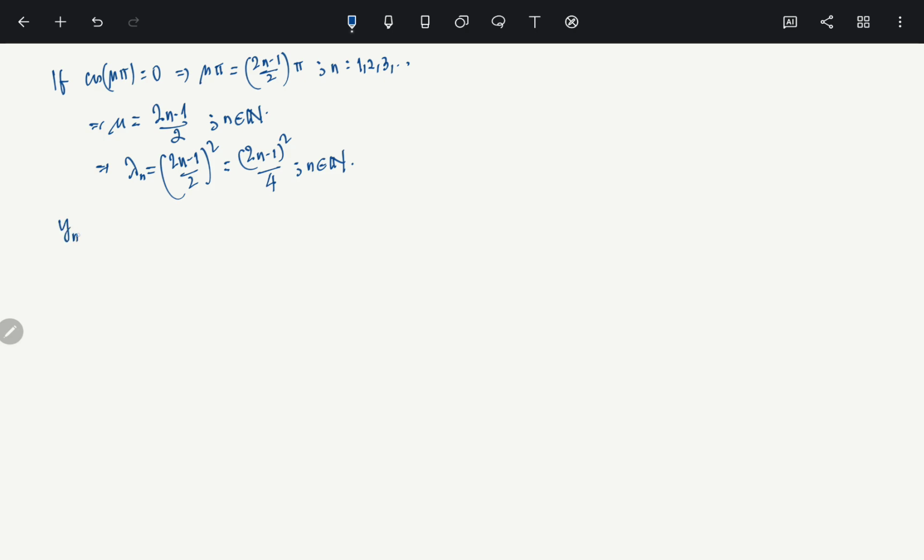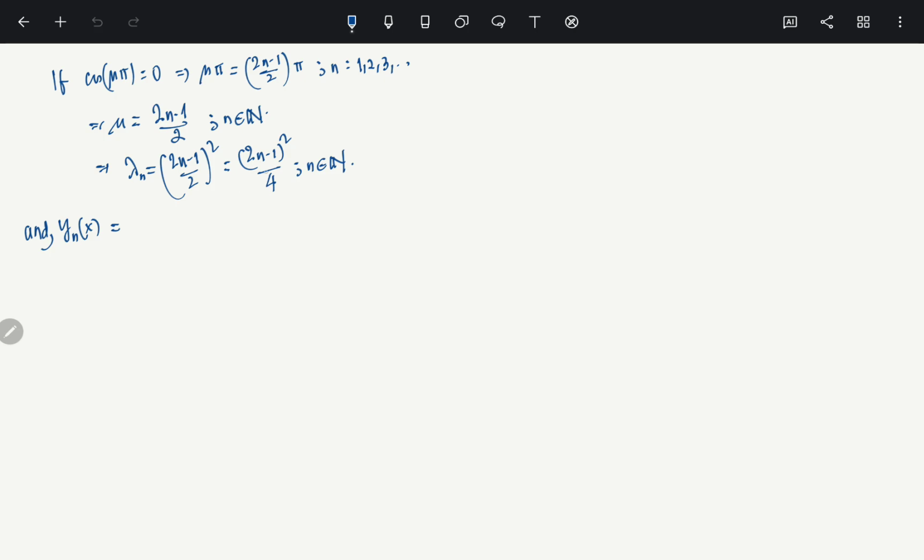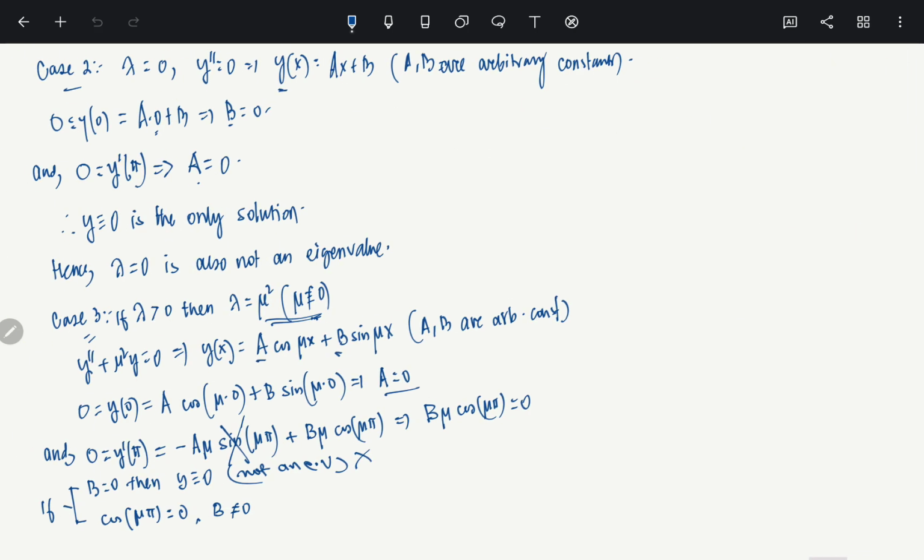What are yn of x in this case? yn of x depends on lambda, right? Essentially if lambda n's are (2n minus 1) square by 4, see, in our case this is the case, right? So a becomes essentially 0. So the solutions are b times an arbitrary constant times sine mu x.